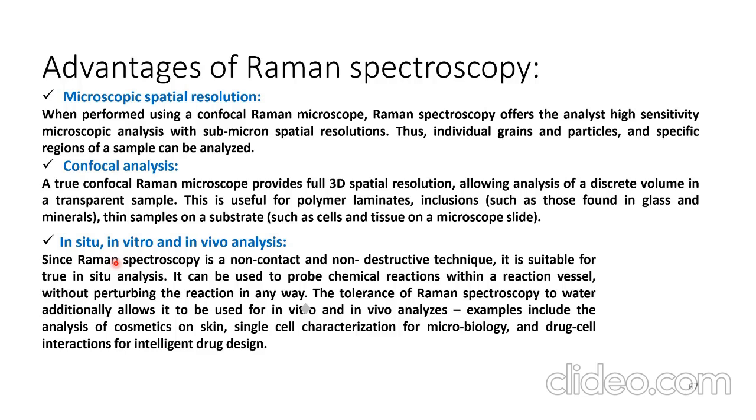That means in the cells, in the situations where we want to perform the experiment, that can be done. And in vivo means in the environment of the cells, that can be done. And also in an animal, like if we want to check the skin or something, we can do that with the help of the Raman spectroscope.